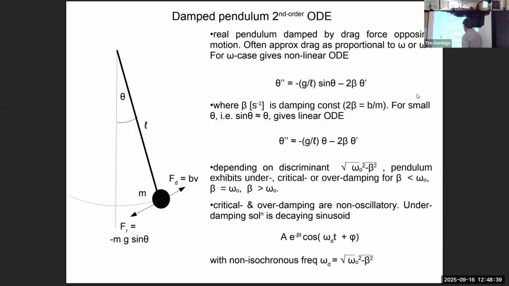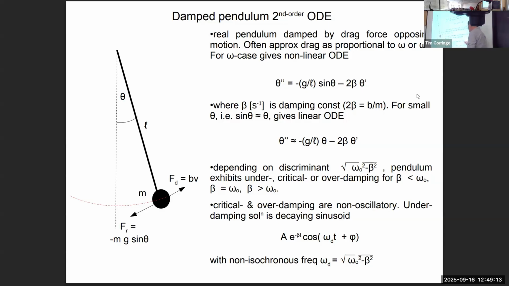So this is the discriminant that discriminates between these different regimes of motion in the solutions of this equation. When you get underdamping, it means that beta is smaller than the natural frequency of the pendulum, and that gives you oscillating solutions. When you get overdamping or critical damping, so beta is greater than or equal to the natural frequency, that's when you lose the oscillating behavior.